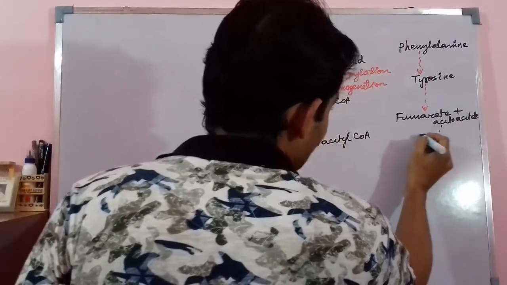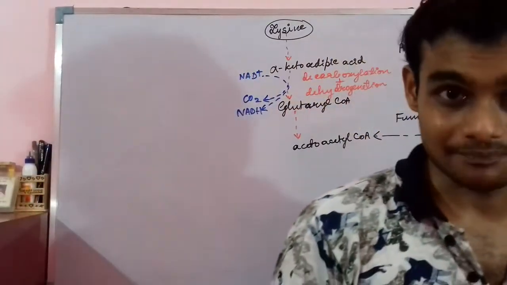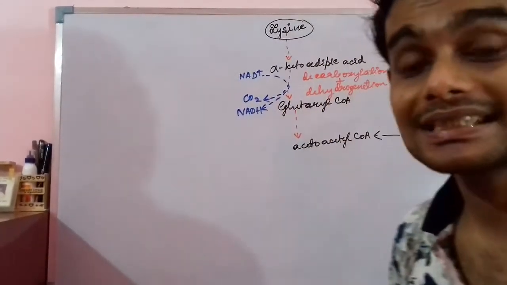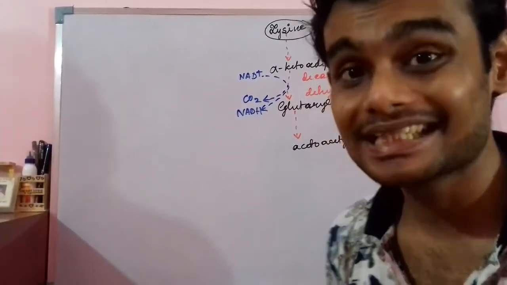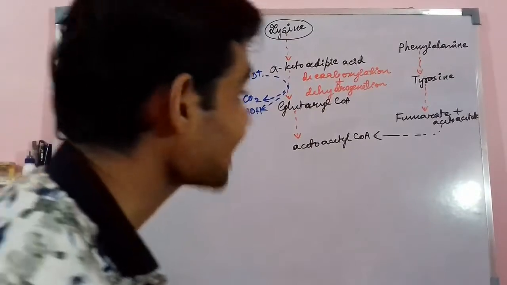Now this acetoacetate molecule, in the presence of 3-ketoacid transferase and succinyl-CoA converted to succinate, gets the CoA group transferred to it, and is converted to acetoacetyl-CoA.